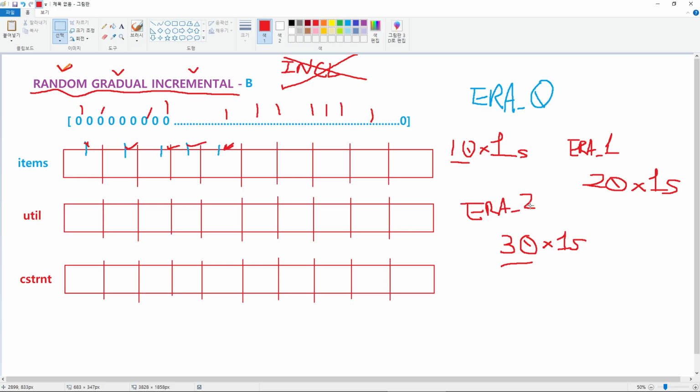So in a way, as the eras progress, you could say that it's a totally different knapsack problem, but with more genes activated. So let's have a look.